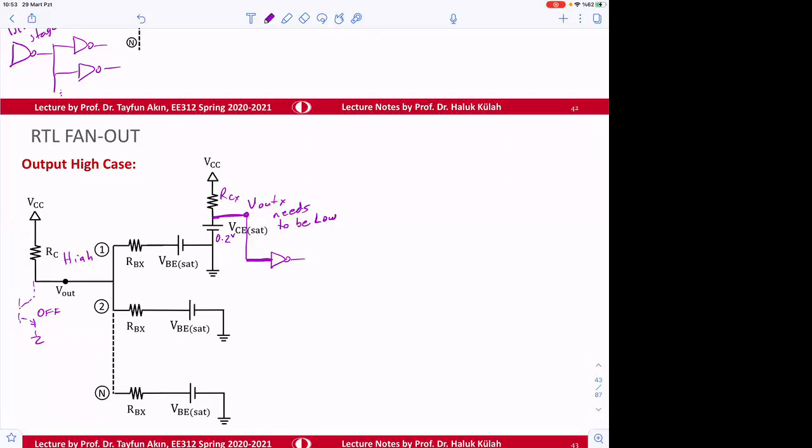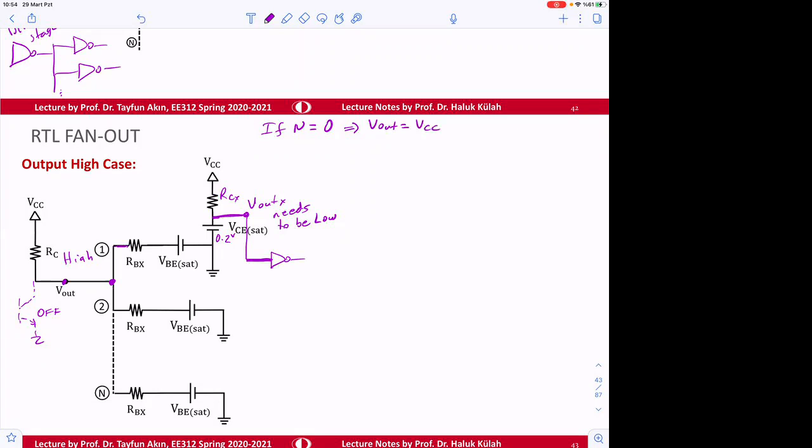But if we connect a gate here, this next gate, the output here is not going to be 5 volts. If n is equal to 0, that means nothing is connected, and V out is going to be VCC.